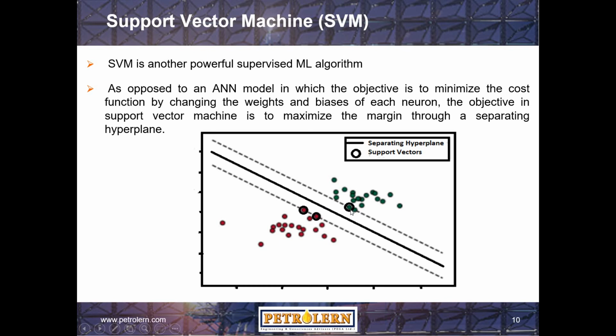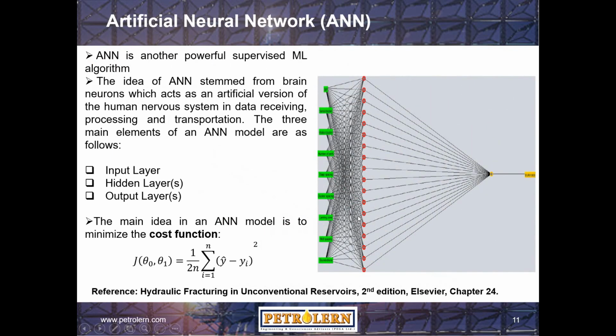maximize the distance between these points, these support vectors, closest to this separating hyperplane from here to here, and it would also maximize the distance from here down to here. So you're trying to maximize the difference between the red support vectors that are closest to this black line and the green support vectors that are closest to this black line. This line can be drawn in different ways. You can draw it this way, or you can draw it this way.